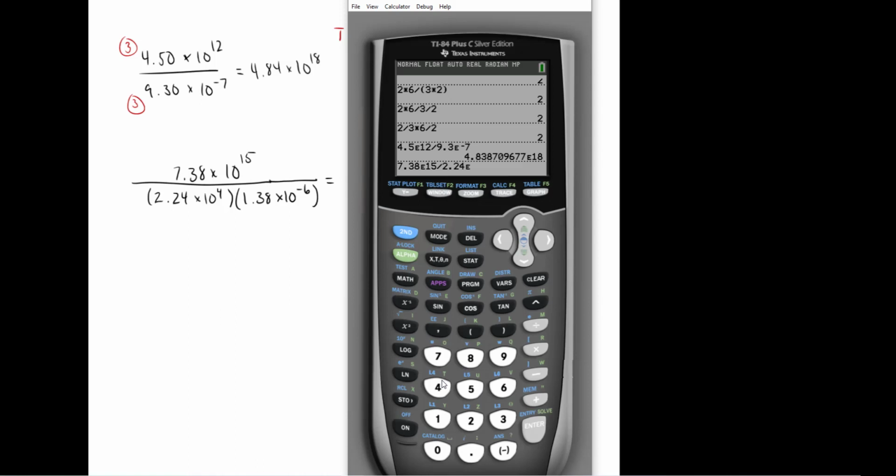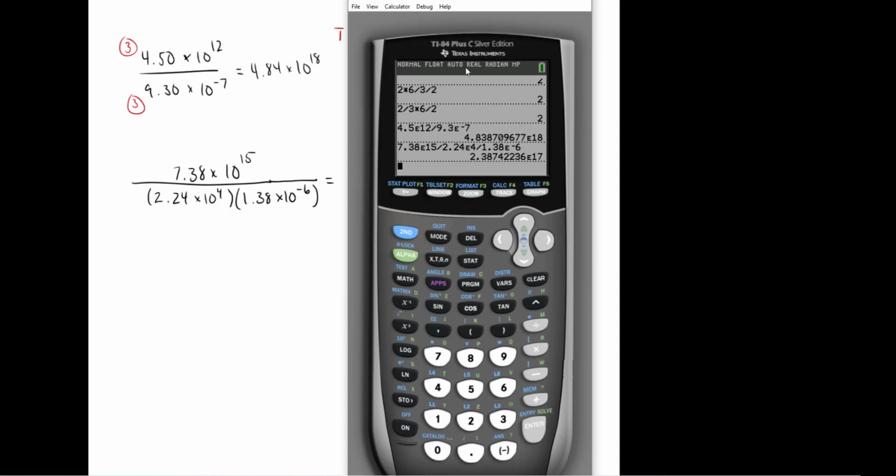And then again, I'm going to divide since this is in the denominator. So divide by 1.38, EE, or scientific notation button, negative 6. And I'll hit enter.